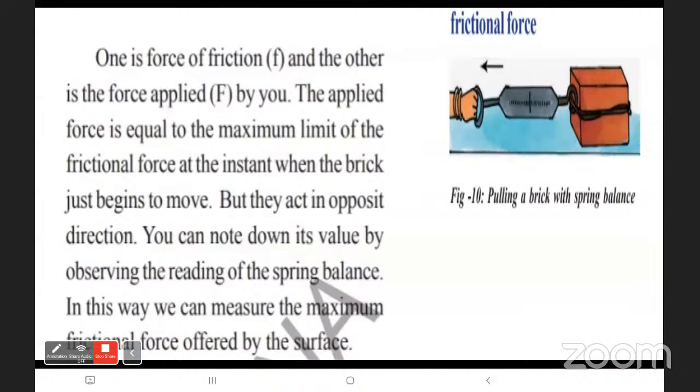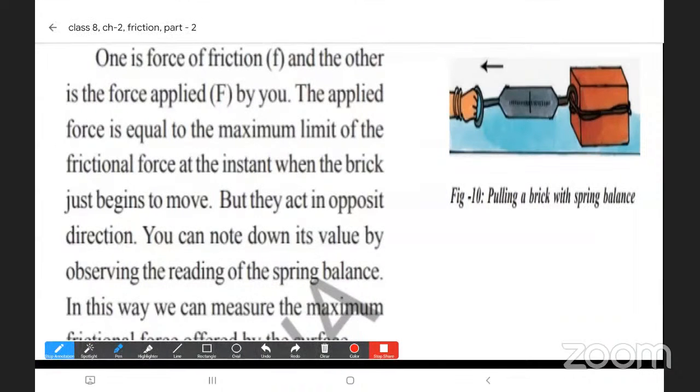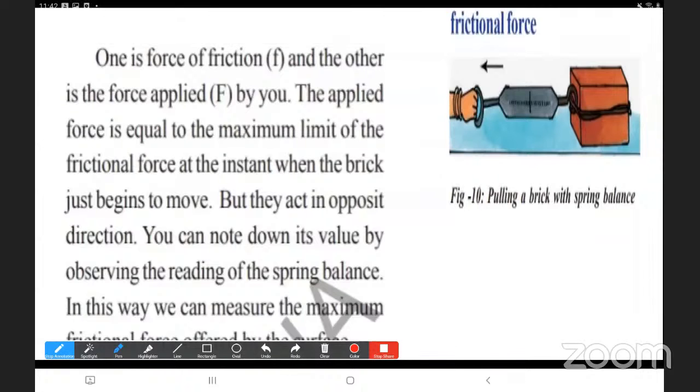Here the applied force is equal to the maximum limit of the frictional force at the instant when the brick just begins to move. But they act in opposite directions.